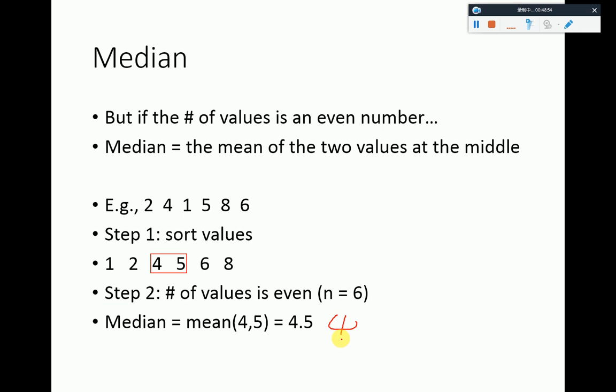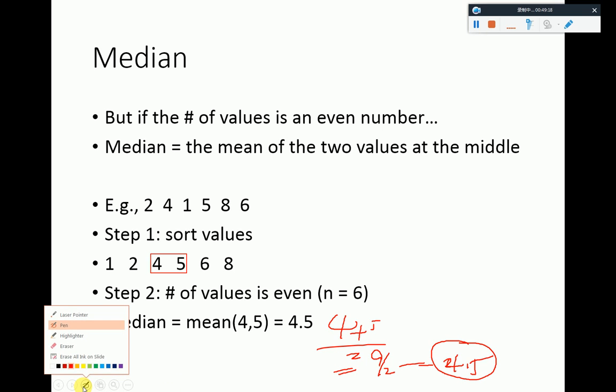So 4 plus 5 divided by 2 is 9 divided by 2, exactly 4.5. Okay, so this is the correct answer. It sounds very simple. It is very simple, but just to make sure that we understand this correctly, let's look at a next example.